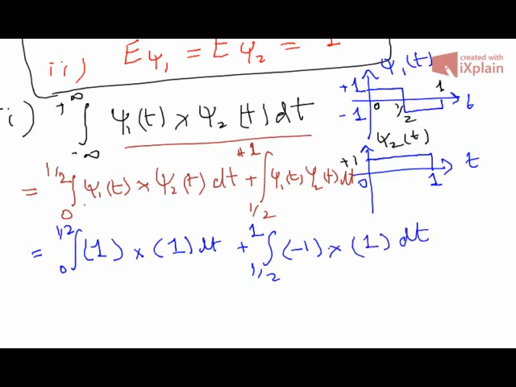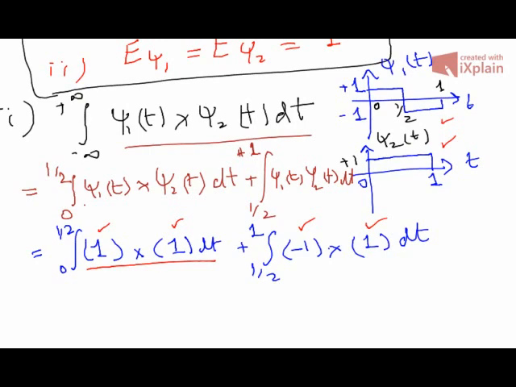So from 0 to half, psi 1 of t is 1 and psi 2 of t is also 1. From half to 1, psi 1 of t is minus 1 and psi 2 of t is 1, right? This is taken from these two figures.